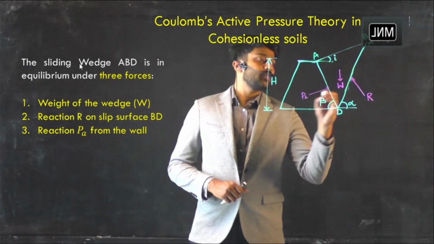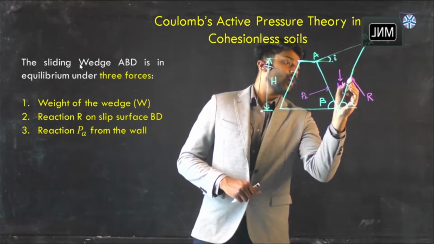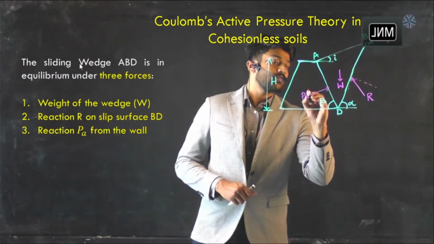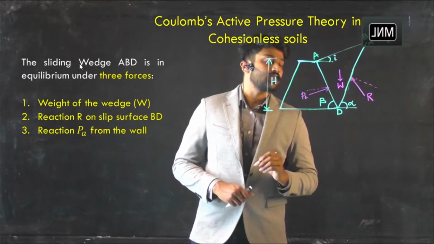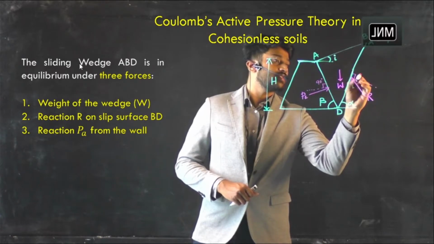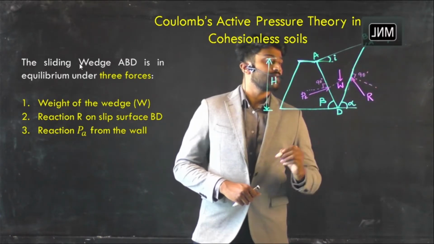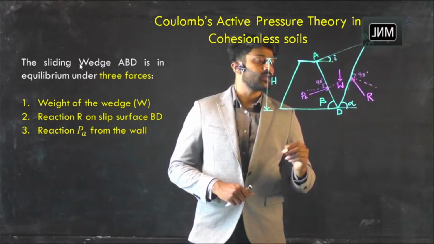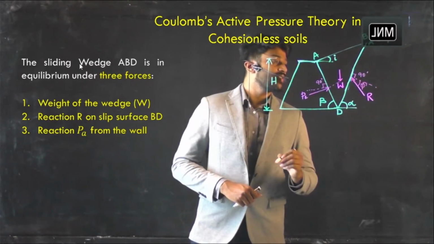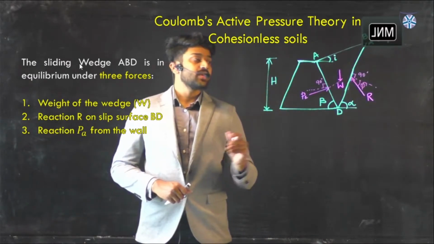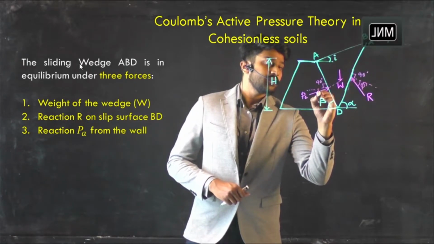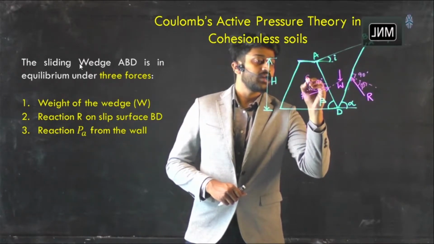Let me draw the normals to this line, so this angle is 90 degrees and this angle is 90 degrees. Considering the equilibrium of forces, let phi dash be the angle which the resultant makes with the normal to the slip surface, and let this angle be delta.